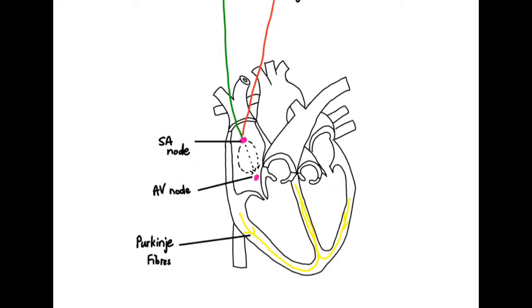That bundle of nerves is then going to send an electrical impulse to the atrioventricular node. Again, it's named that because it's on the wall between the atrium and the ventricle. And once that happens, it's going to send a wave of muscular contractions through these Purkinje fibers, which I always say are my favorite biological word, which makes the heart contract.